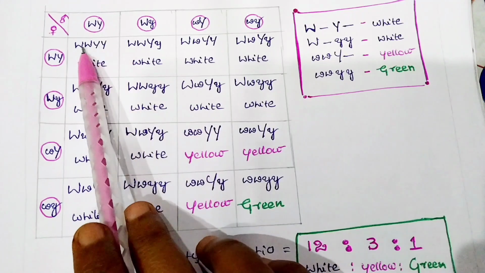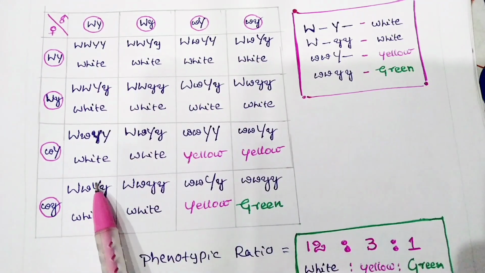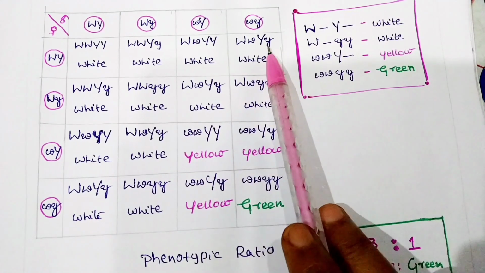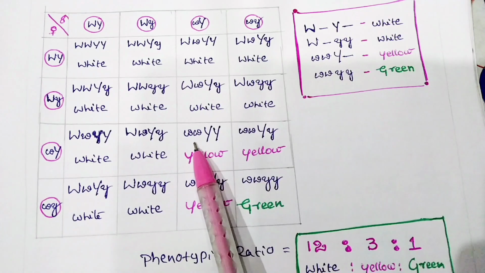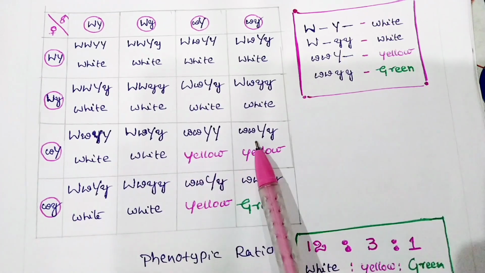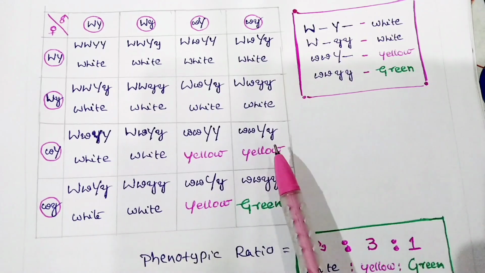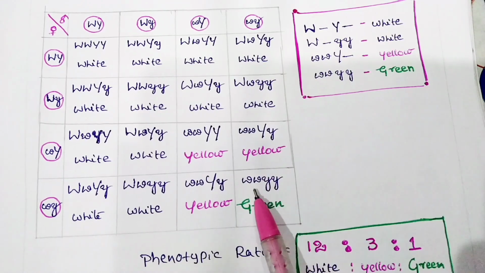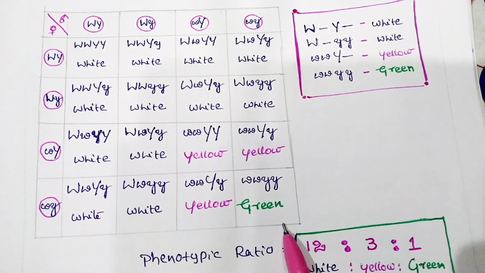Wherever you find capital W, all are getting white fruit color. Wherever capital W is absent, they are showing yellow fruit color. If capital W and capital Y, both the dominant alleles, are absent, the fruit is green.